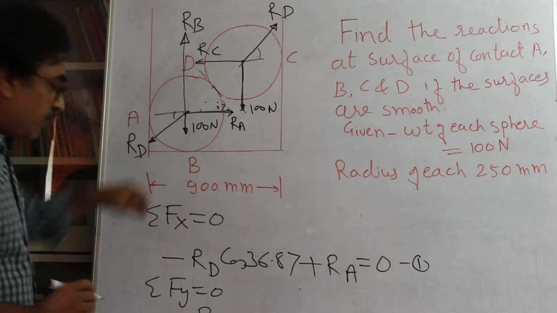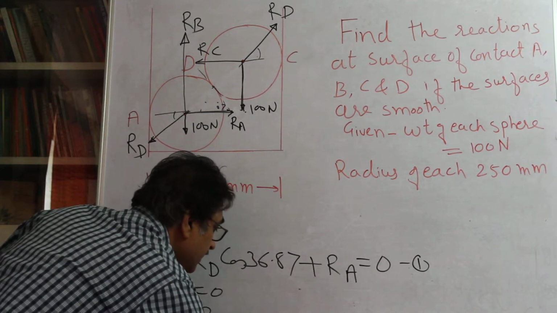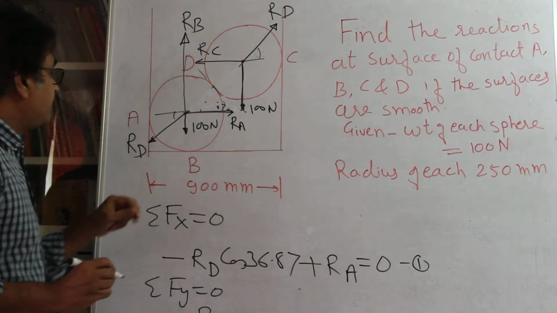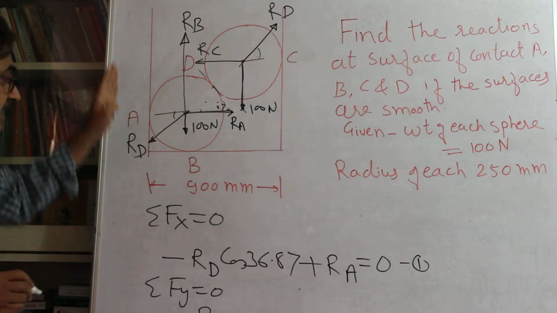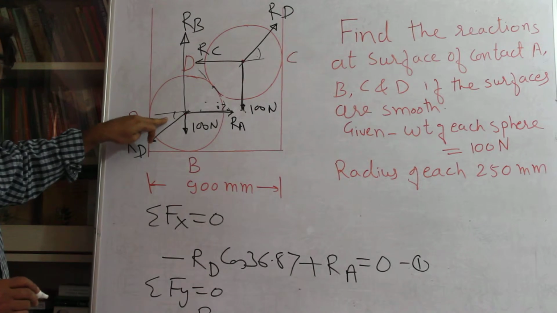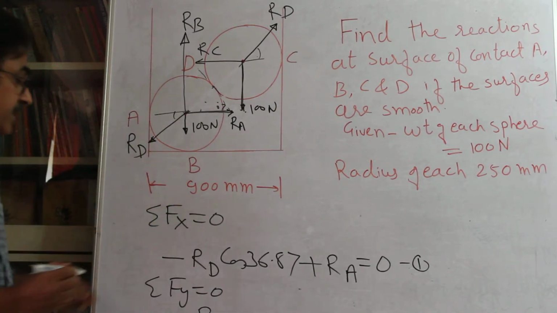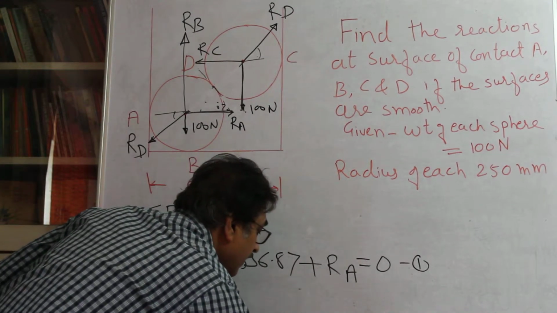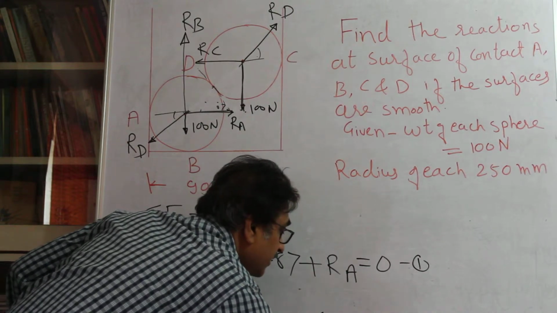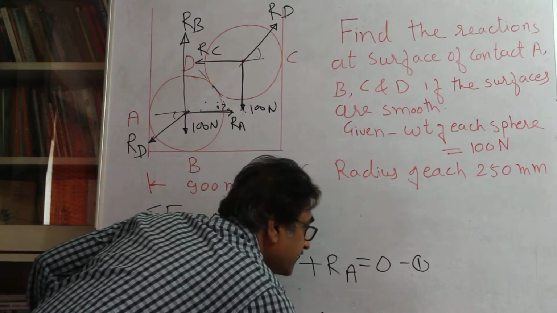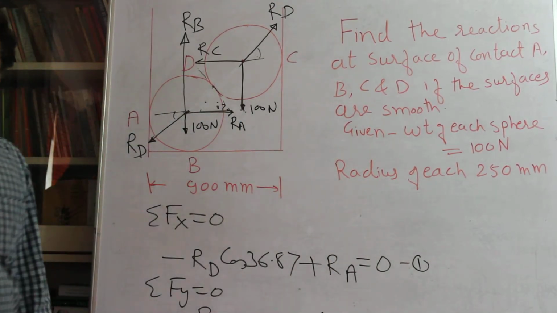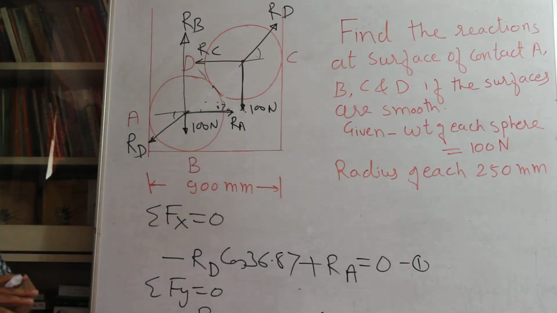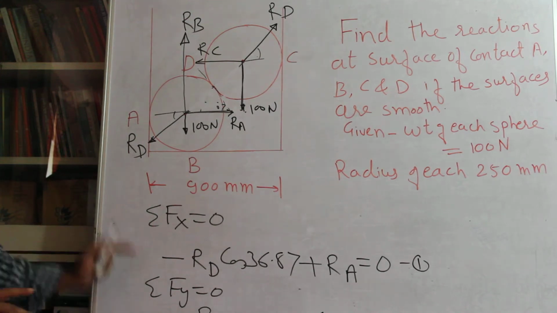Then minus 100 downward, and RD sine of 36.87 downward, so minus RD sine of 36.87, equal to 0. This is equation number 2. So you have two equations.